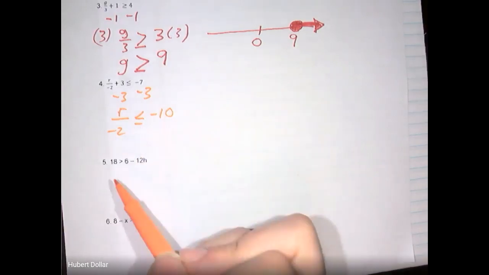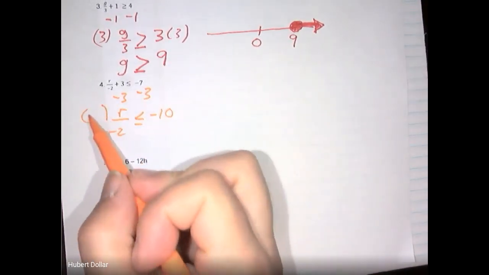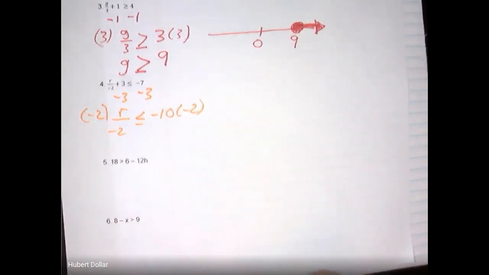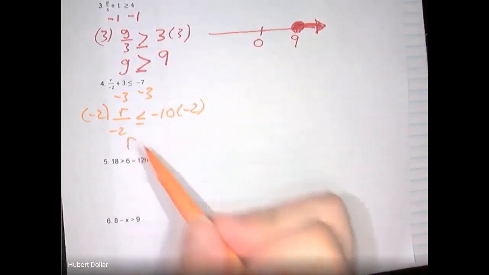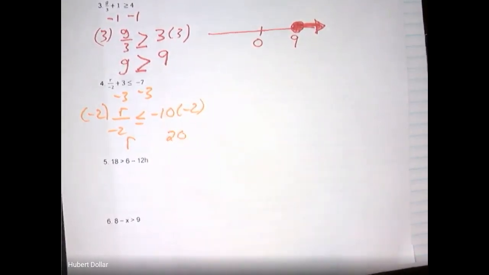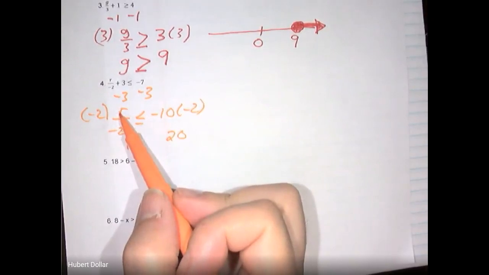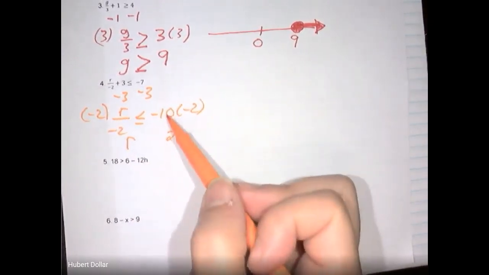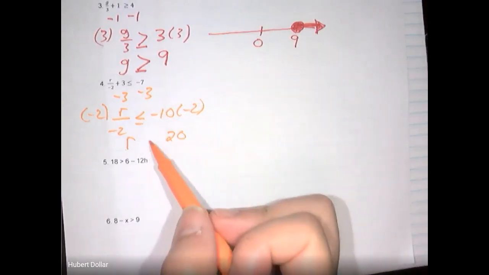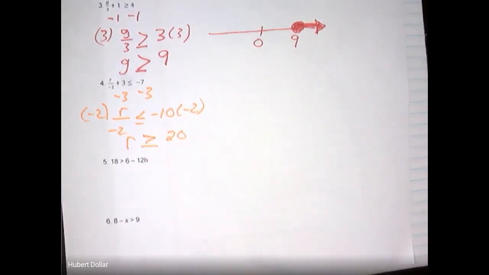The opposite of dividing by negative 2 is to multiply by negative 2. Negative 2 divided by negative 2 goes away. That's a positive r. Negative 10 times negative 2 is a positive 20. Now, the negative r became a positive r. The negative 10 became a positive 20. Since signs have changed, the inequality sign has to change, so r is greater than or equal to 20.